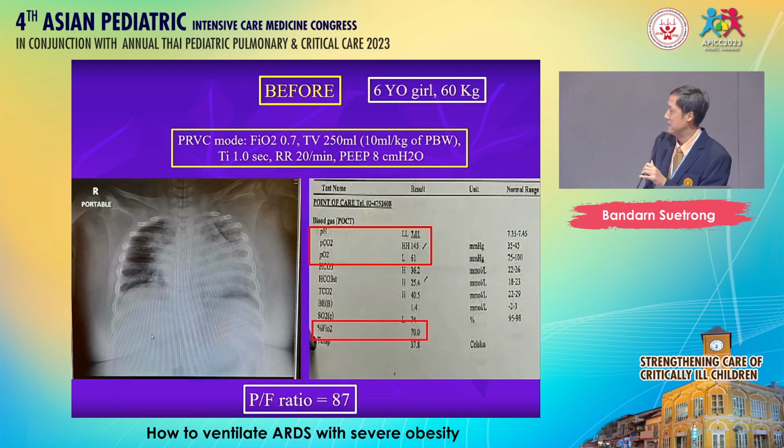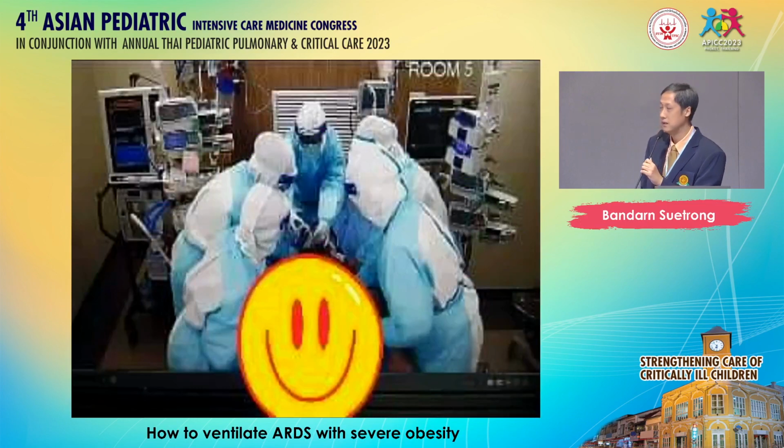So the first one is the COVID-19 ARDS that I faced, with a PCO2 of 145 and a pH as low as 7.0. So I used the 5 elements that I shared with you earlier to combat the problem.